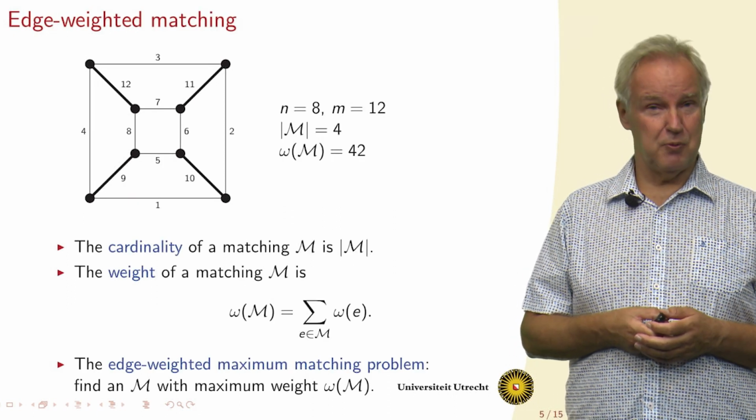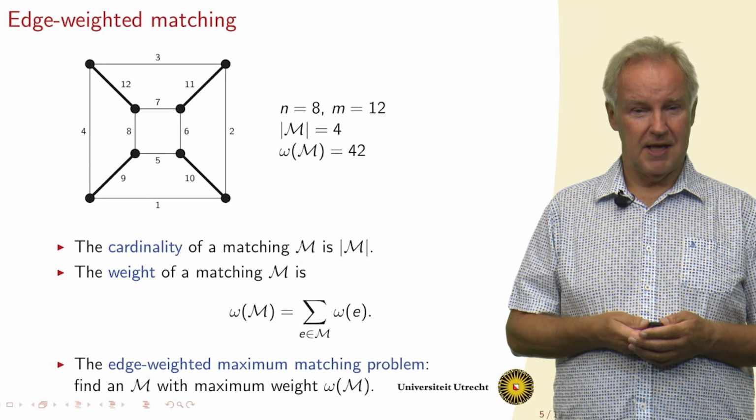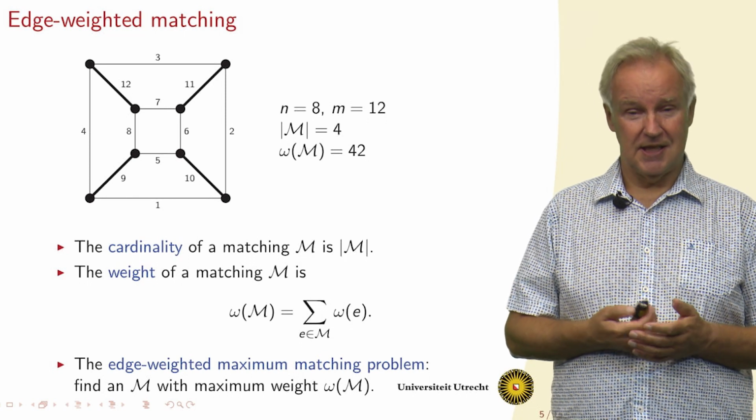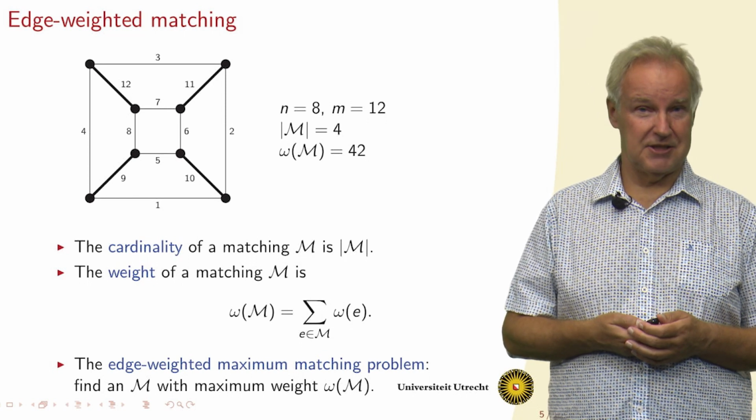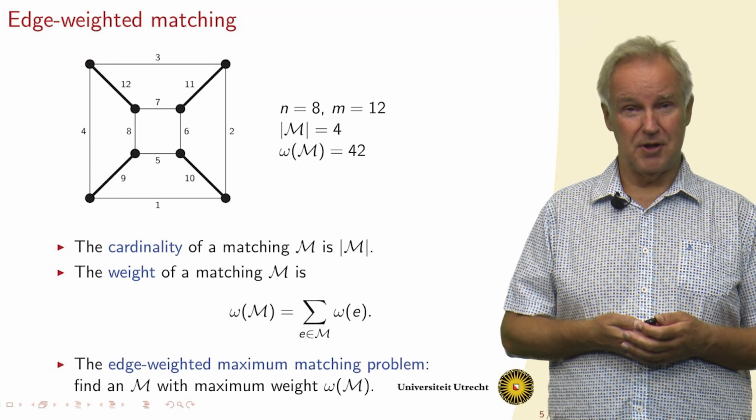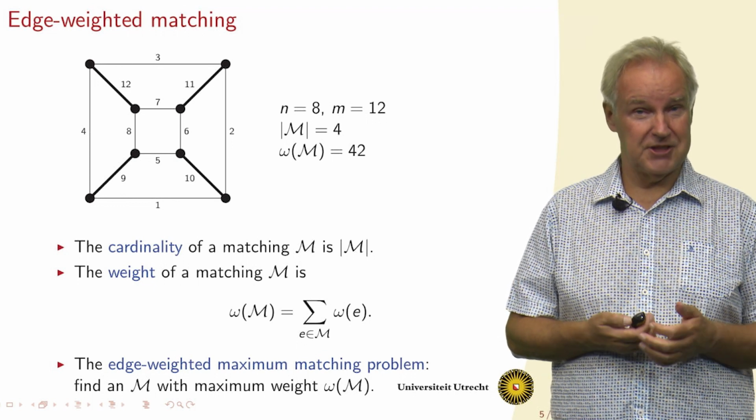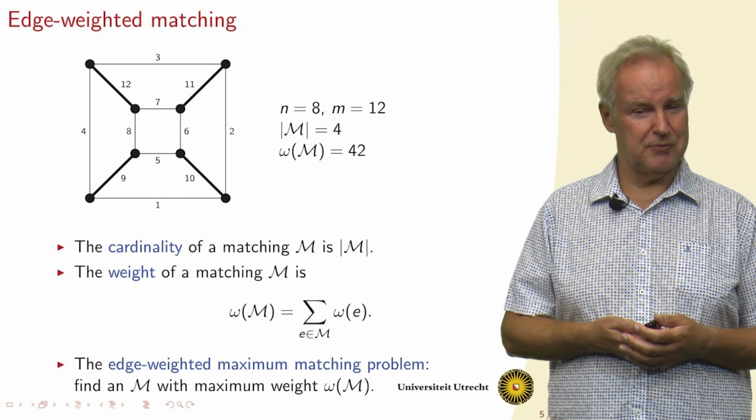Here we have given weights to the edges. The cardinality of a matching is just the number of edges in the matching. In this case, that's 4.